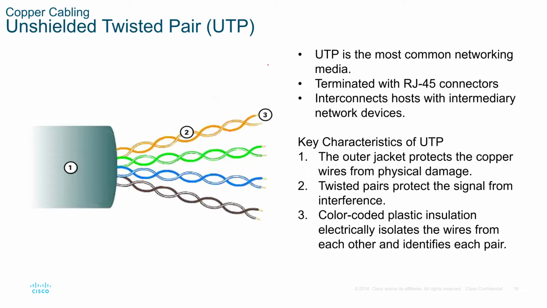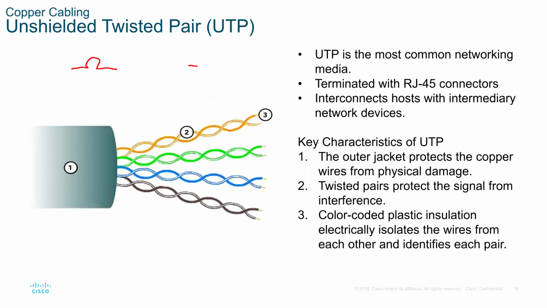One of the things that we also must consider with any type of wires, whether it be fiber or copper, is the resistance. Resistance is symbolized by omega. Resistance to the movement of electrons in the copper.